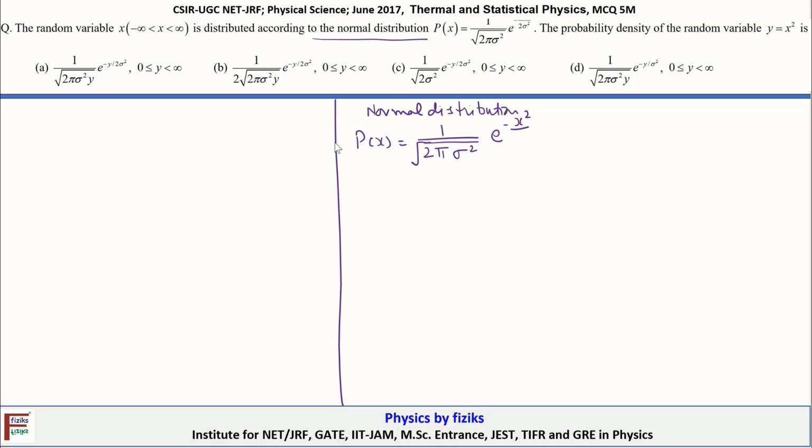Actually, okay, it was minus x square, it's minus x square basically, upon 2 sigma square. Okay, so let's call this equation 1. Now we will apply the normalization condition here.